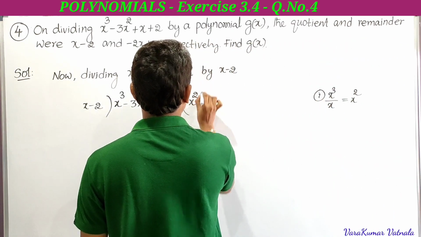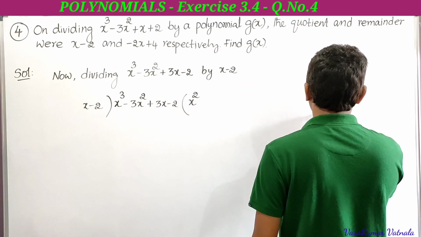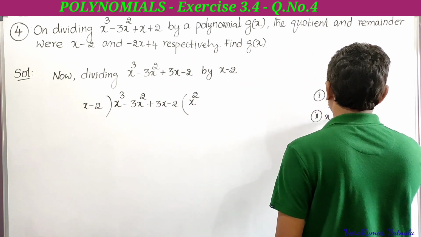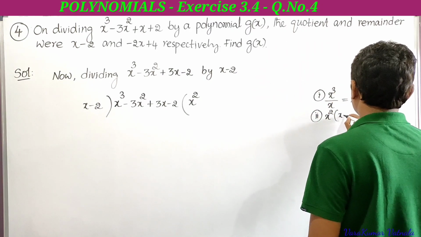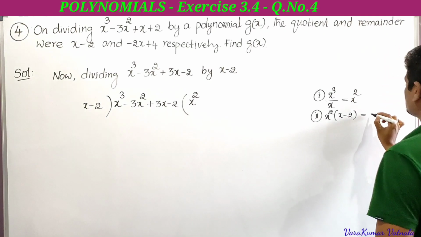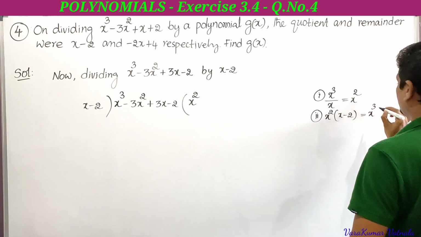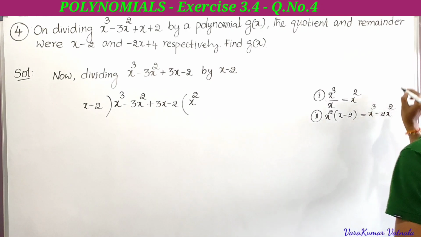Now multiply this x square with the divisor, that is x square into x minus 2. x square into x is x cube, and x square into minus 2 is minus 2x square.